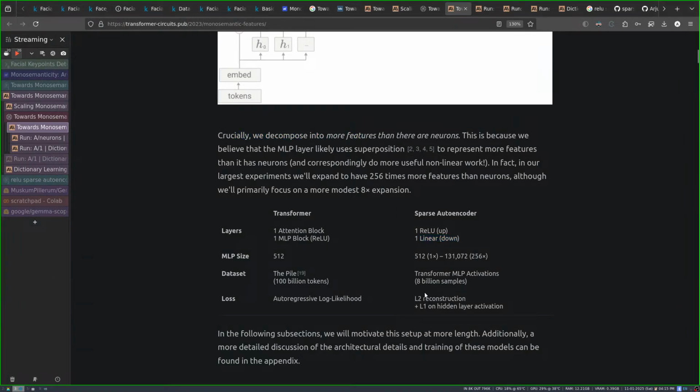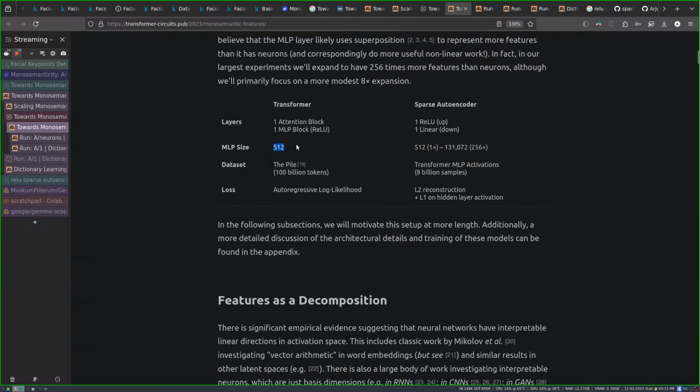Crucially, we decompose. MLP size is a lot. Data set the file. Transformer MLP activation. What is the file?